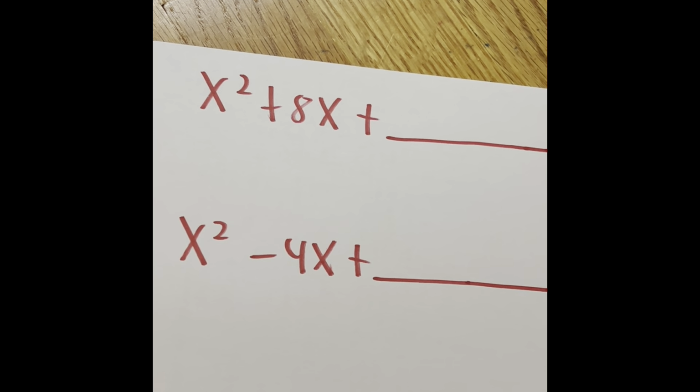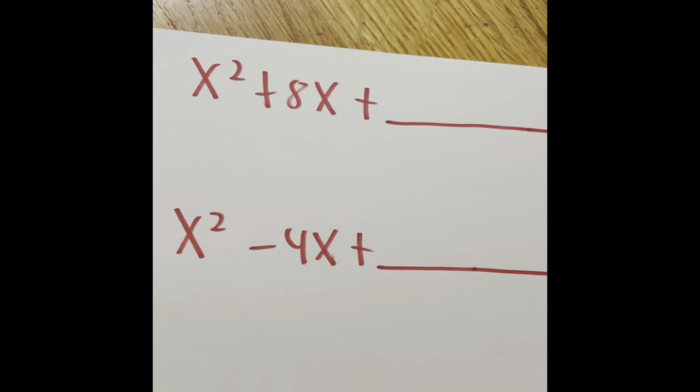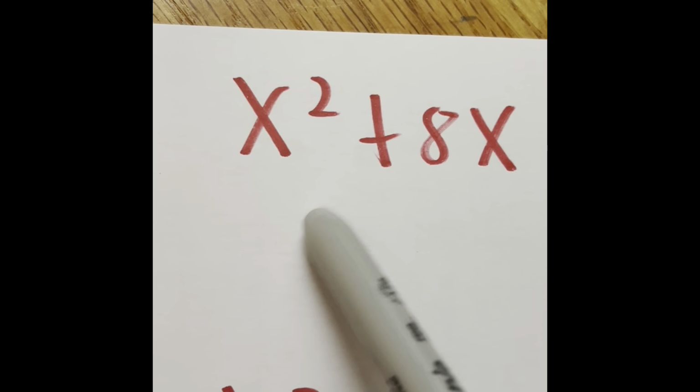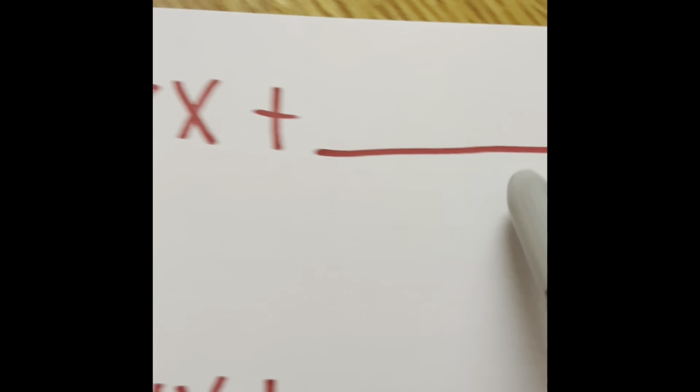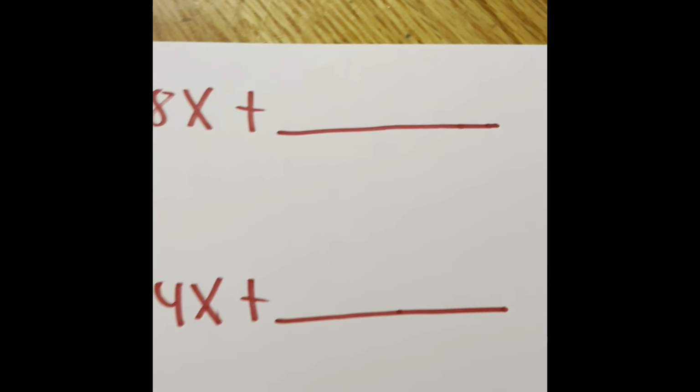So let's get started. If the standard formula was a perfect square, then what would it look like? We have x squared plus 8x plus a box. What could be multiplied into this box right here, but add to 8 right there, and it's a perfect square?